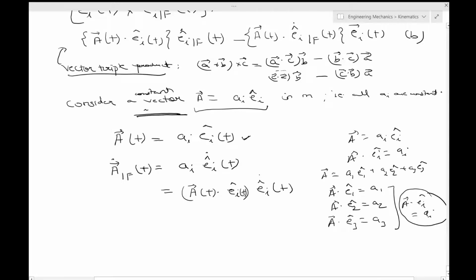So where do we get this particular term? From B we can write a1.